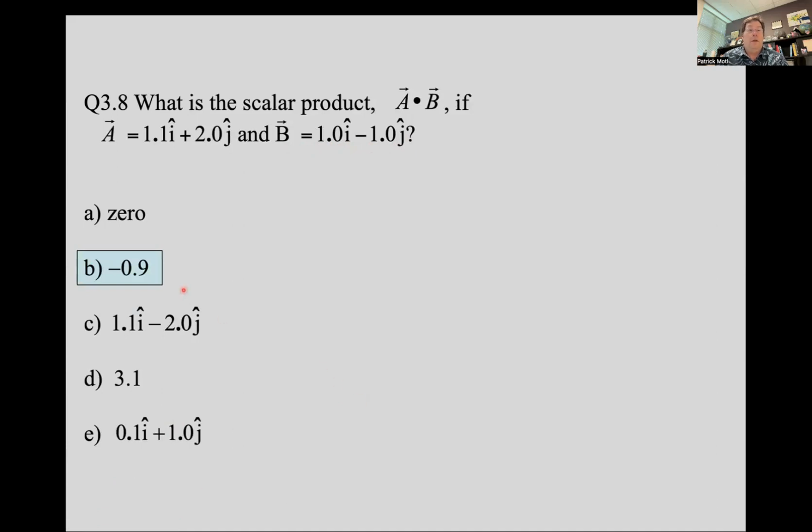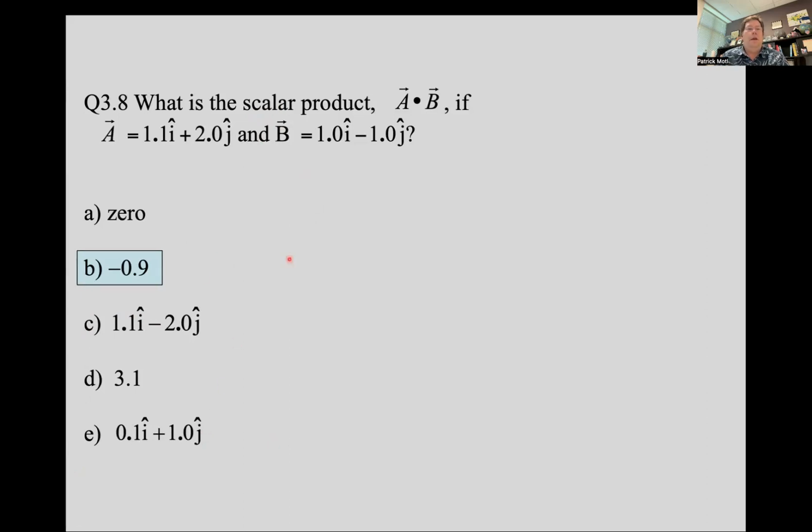So first off, it should be apparent to you that C and D are just not possible because we're using the scalar product. The answer has got to be a scalar. And this is a vector for C, and choice E, that's also a vector. Okay, so you can't pick a vector to be a scalar.